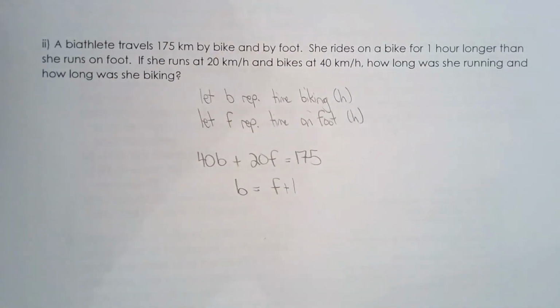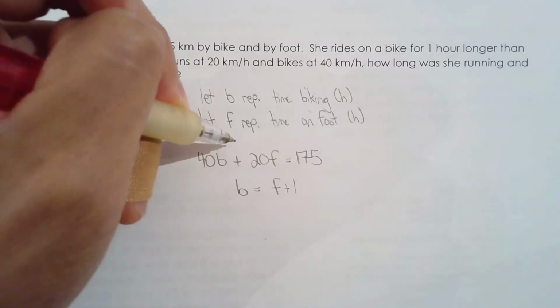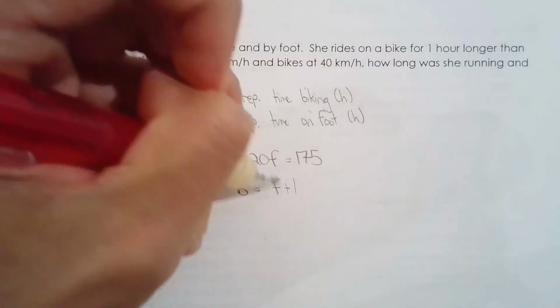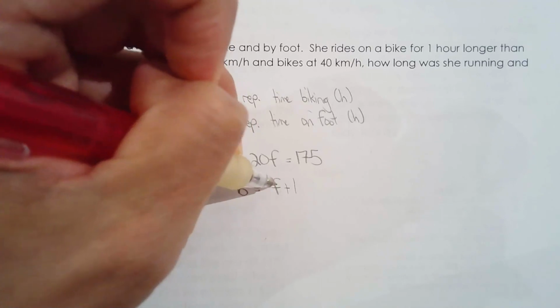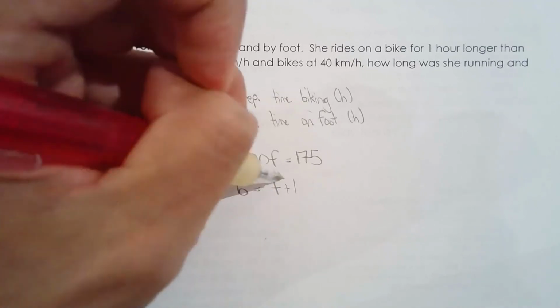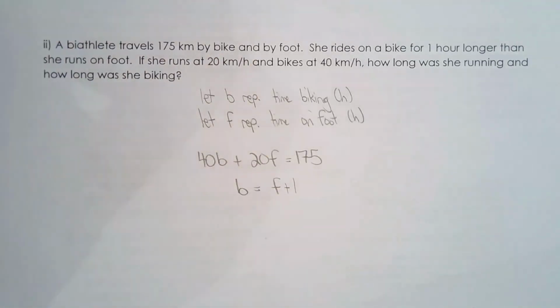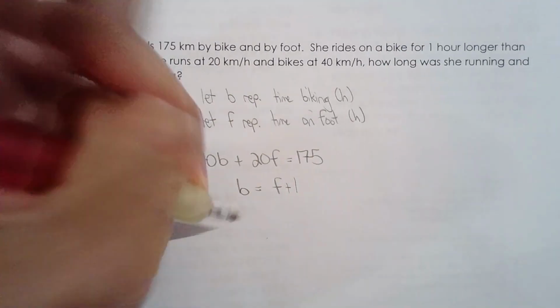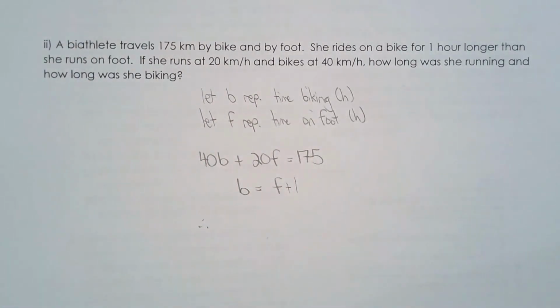So bam, there we go. She bikes for 1 hour longer than on foot. Since this number here, I don't know what it is, but it's 1 smaller than B, so I'm going to add 1 to it, and there's my beautiful equation. Okay, I'm going to solve a system real quick. So we have 40, 20.